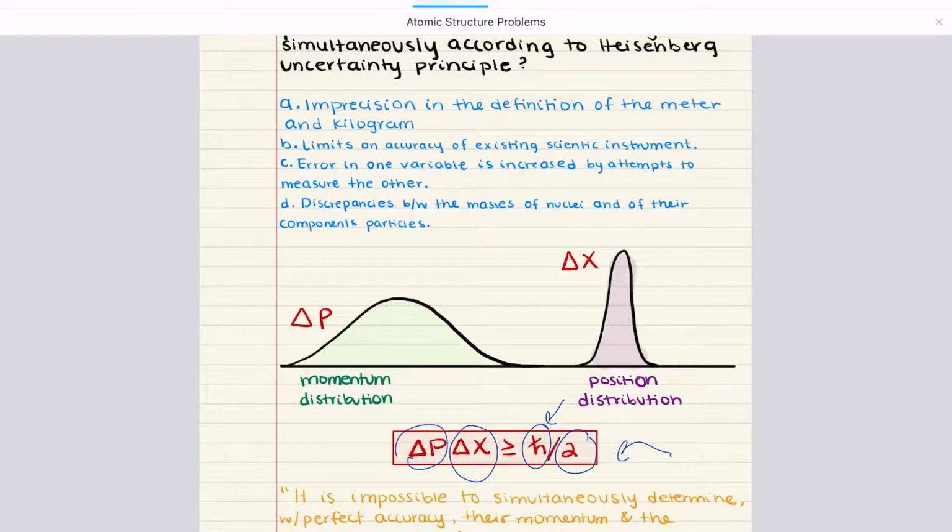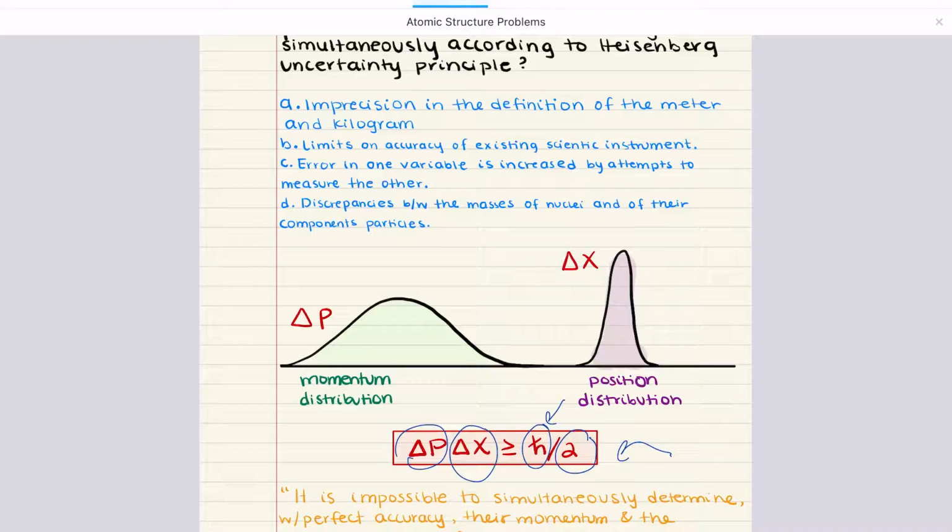Particles exhibit both wave-like and particle-like properties, and the wave nature of particles means that there is an inherent limit to how precisely we can define their position and their momentum. Now, this is not due to limitations in our measuring instruments or our definitions of units, but it's just a fundamental property of quantum systems.